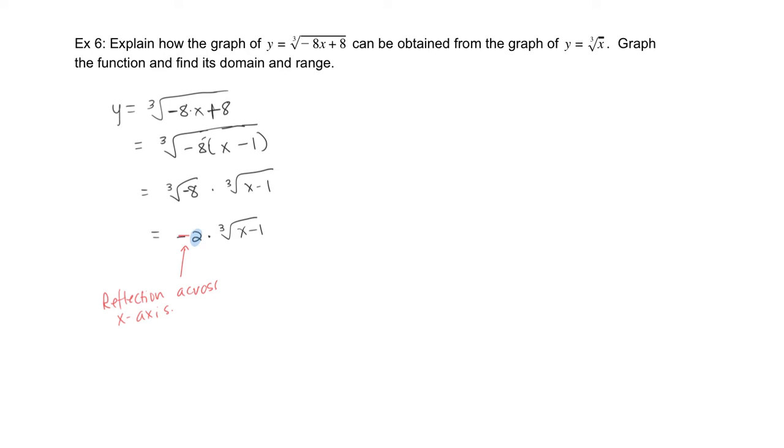And the 2 there means that we're going to have a steeper, now they're going below the x-axis, but it's still a vertical stretch by a factor of 2. Okay, and then the minus 1 means that we're going to shift right by 1 unit.